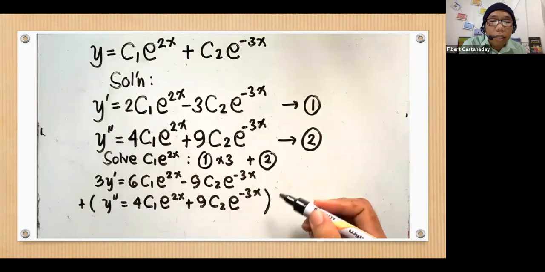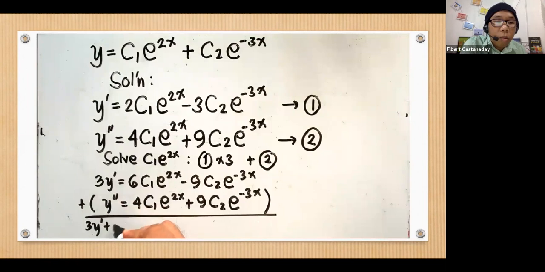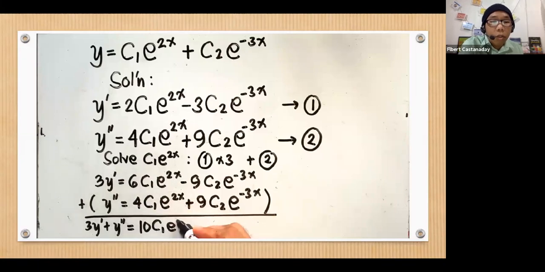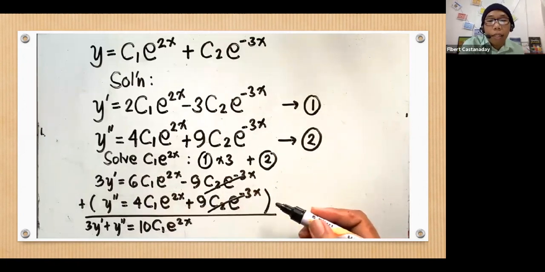Okay, so add lang natin sila, combining like terms. So the left-hand side, you have 3y prime. It has no other y primes there. So just copy. And then y double prime, wala namang kapareho. So just plus y double prime. On the first terms of each equation, you have 6 plus 4, 10 c sub 1 e raised to 2x. The next terms of the equation, you have minus 9 and plus 9, so maka-cancel siya.